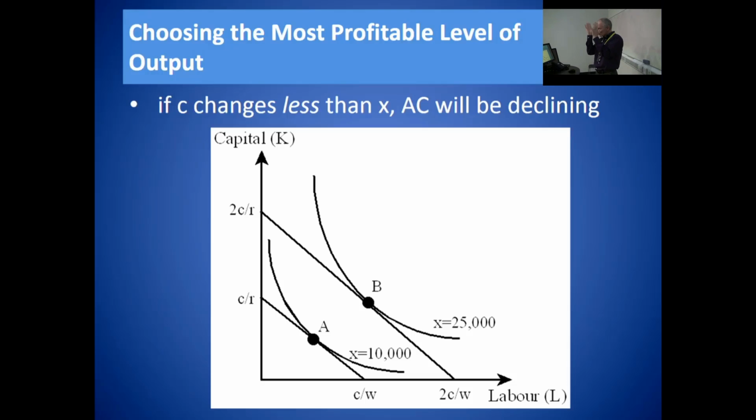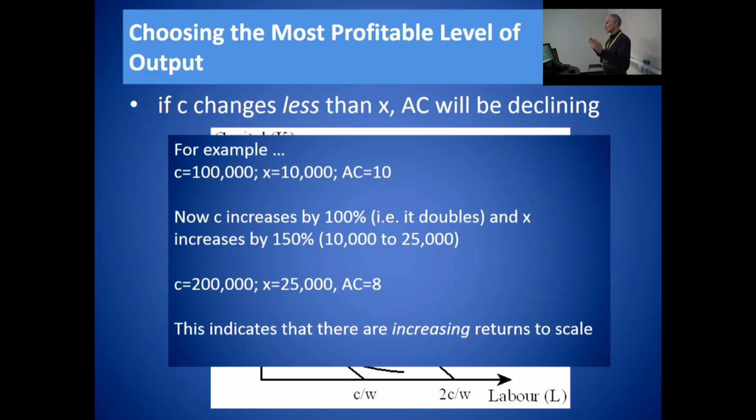Now this is the part we've got to think through a little bit. But I've given you a very, very simple example just to show this. So, increasing returns to scale, long-run average cost will decline. Very, very simple example. Let's say that costs, our total production costs, are £100,000.